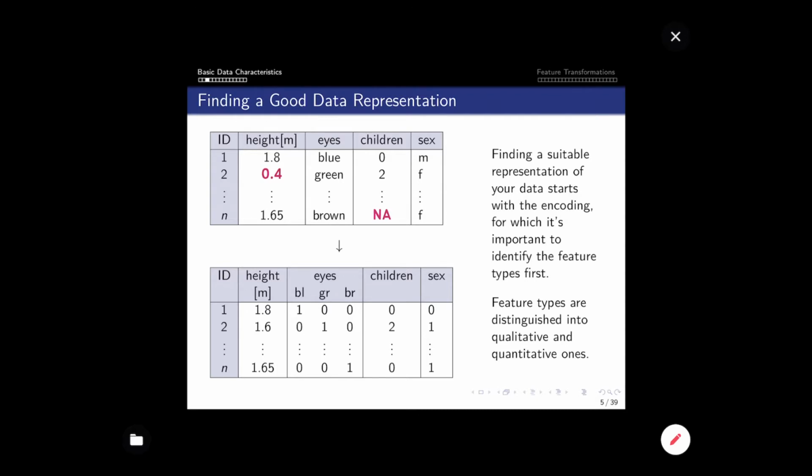Also it would be good to have a look at some statistics of your data to see when there are some obvious outliers, like here for example when the height is denoted as 0.4 meters, or like the 6 centimeter tall dude. This should all be identified first before you do something with your data. Now we have a look at the feature types, and the feature types are distinguished into qualitative and quantitative ones.